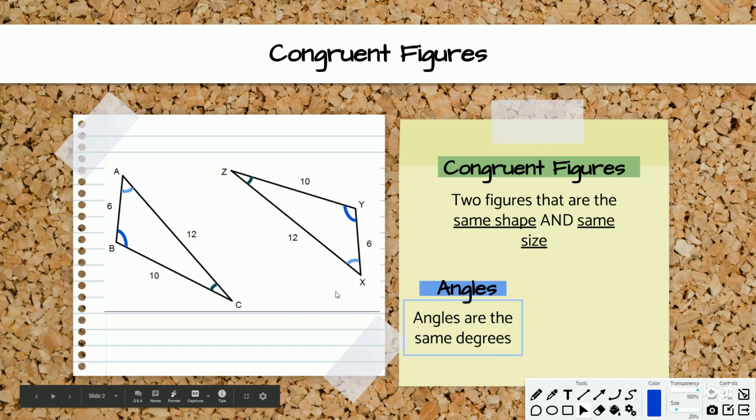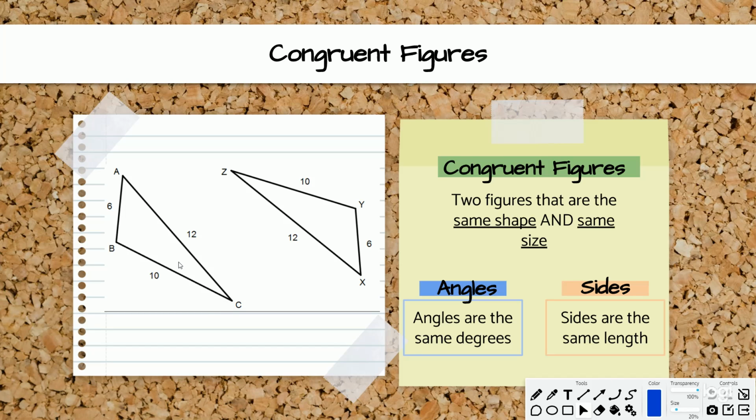Another thing that they have to have is sides that are the same length. So if you look at the two triangles again, we have this side that is the length of 6, and on the other triangle we have a side that is the length of 6.